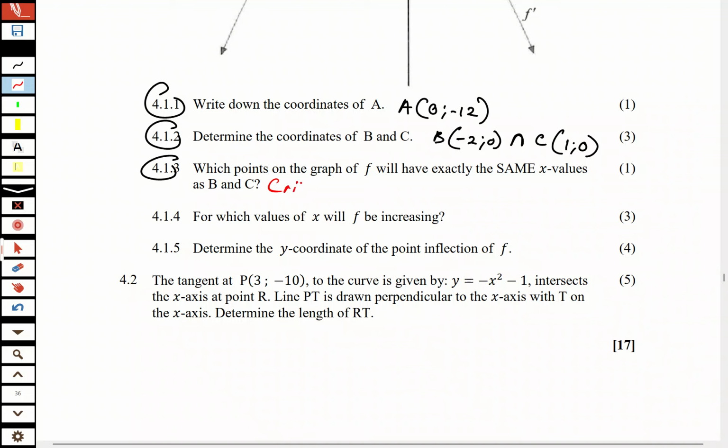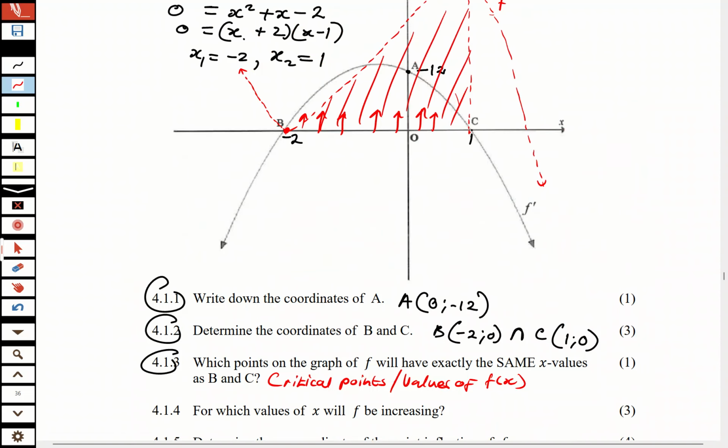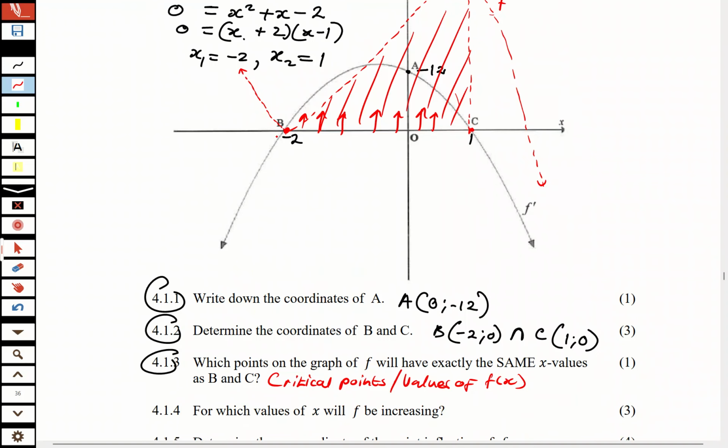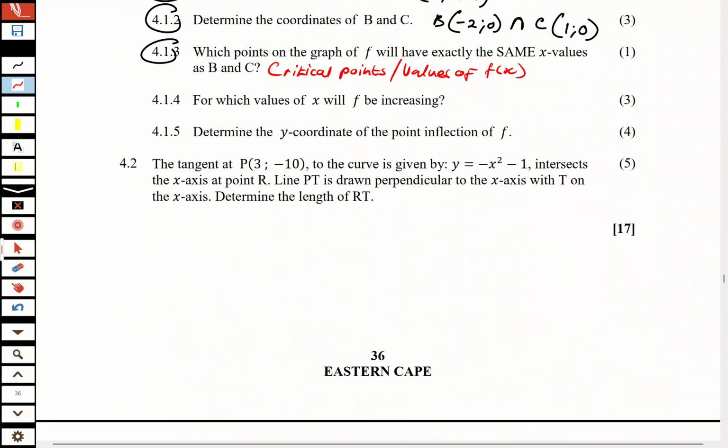So this is the critical points, or you can say values of f of x. So you can see those will give you the critical point of your f of x, and you'll have a repeating rule there.